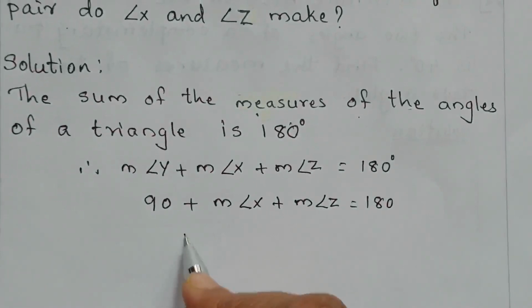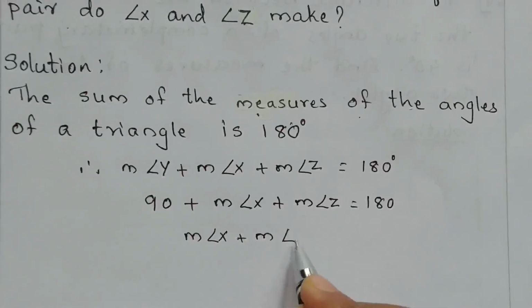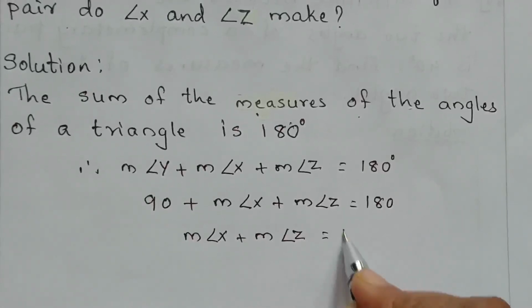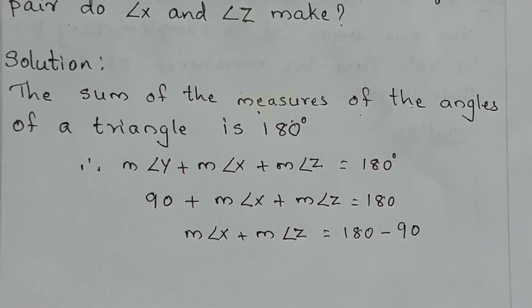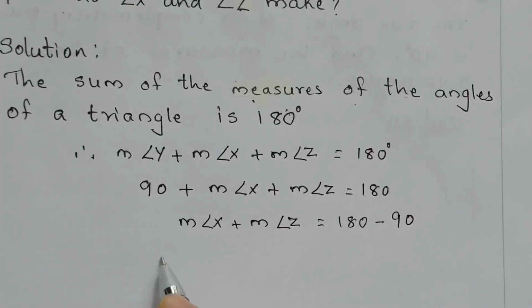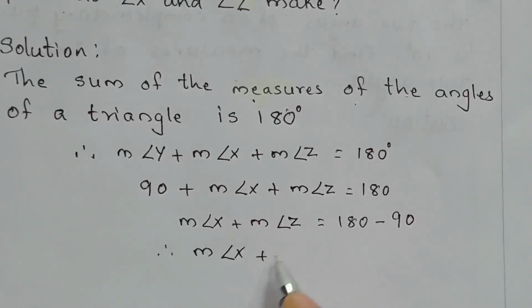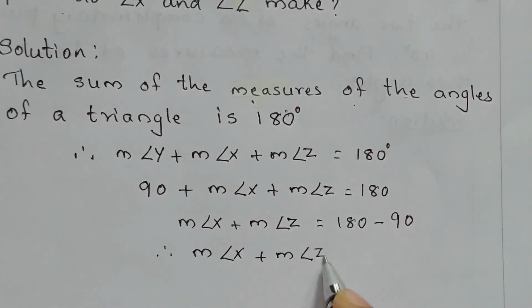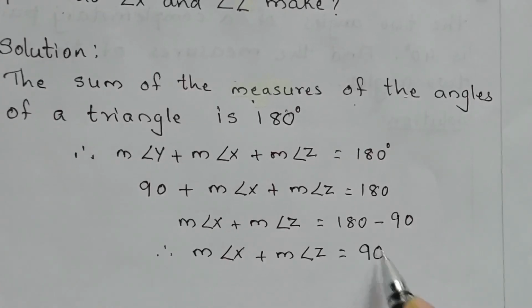That means measure angle X plus measure angle Z is equal to 180 minus 90. Therefore, measure angle X plus measure angle Z is 90.